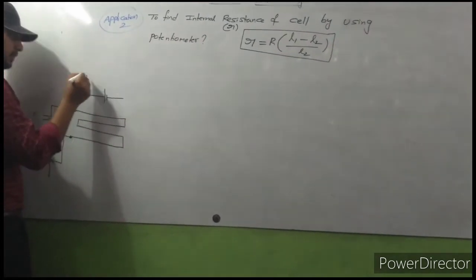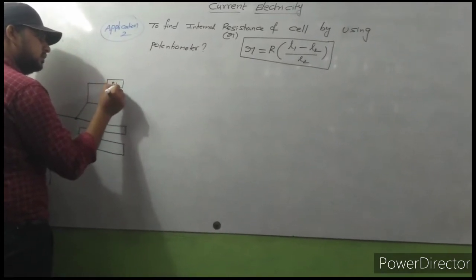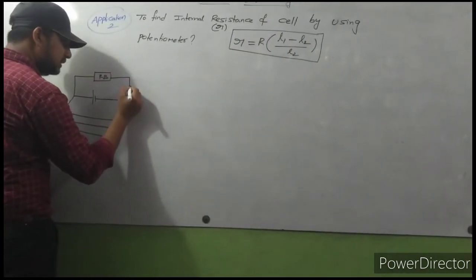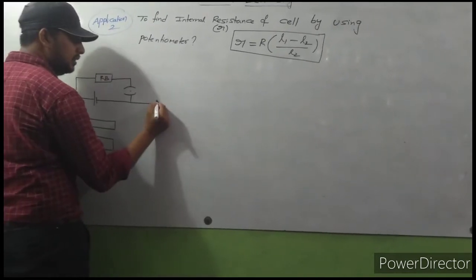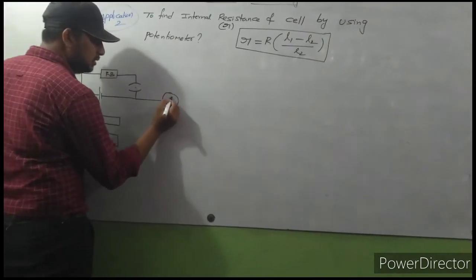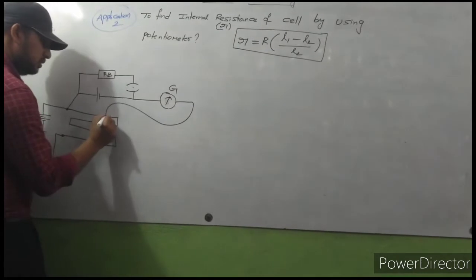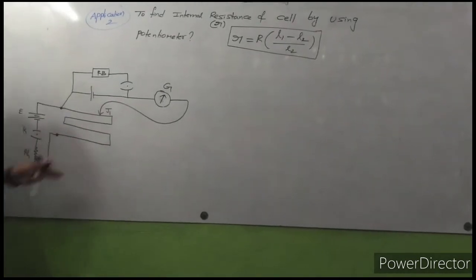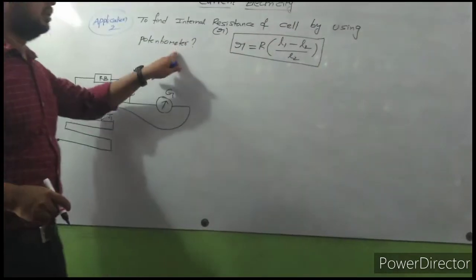Across this cell a resistance box RB is connected, and this resistance box is connected to a key. This cell is connected to a galvanometer G, which I consider as a deflecting needle, and this is connected to a jockey key J1. This is the circuit for finding the internal resistance of a cell by using a potentiometer.